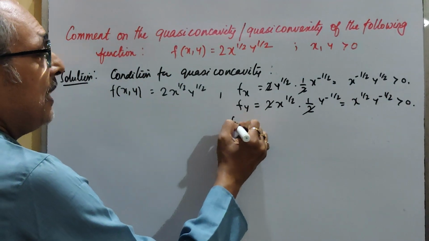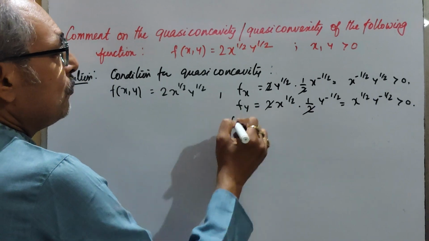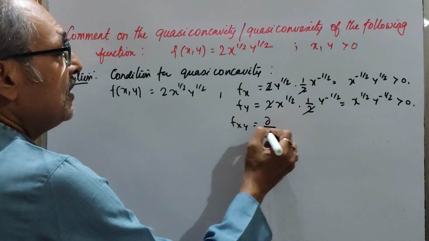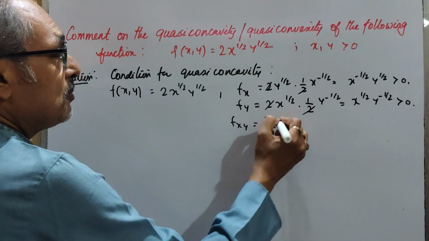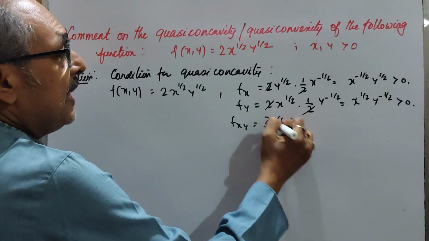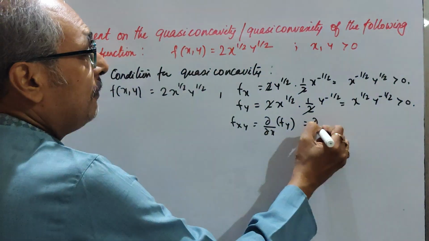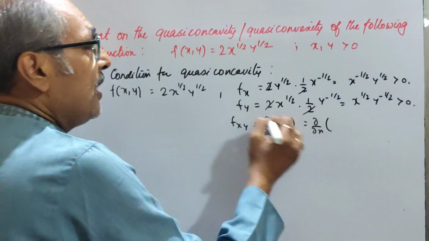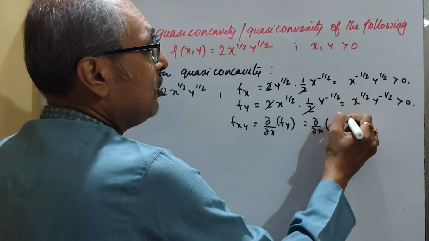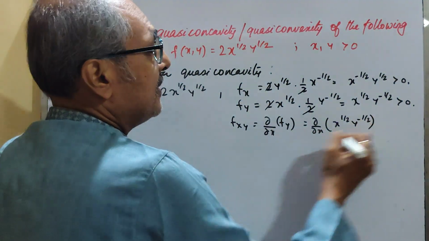Now fxy, that is we are differentiating fy partially with respect to x. fy is x to the power half, y to the power minus half.